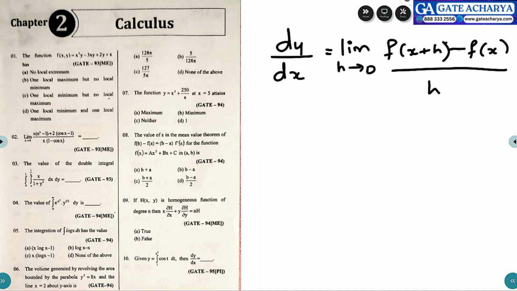This is the normal differentiation that you have done. Now this is applicable for a single variable function, that is, the variable here is only one, which is independent, which is x.